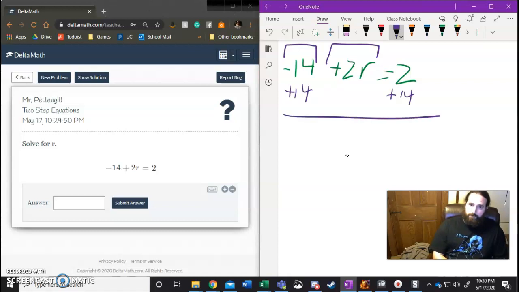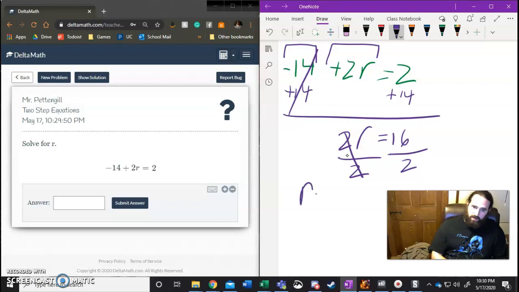And I would get, all these guys would cancel. 16 over here equals 2r. Divide both sides by a 2. Cancels the 2 there, and I get r is equal to 8.